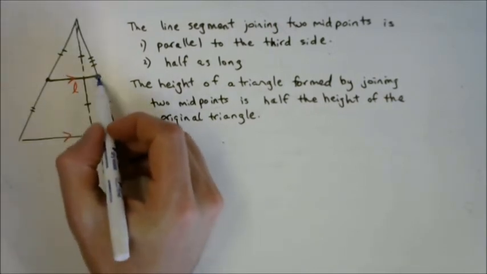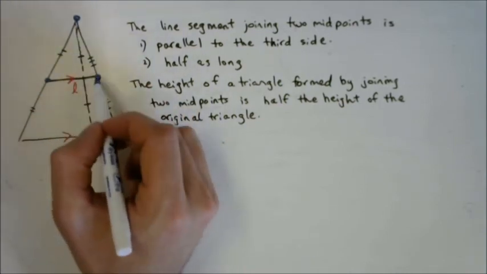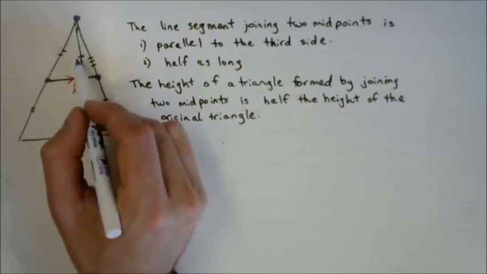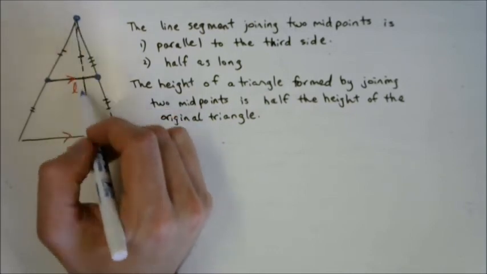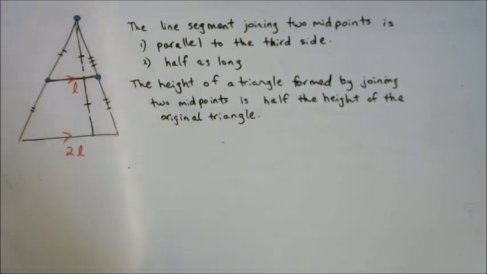So here we have the triangle that was formed by joining two midpoints. This top one. The height of this triangle is half the height of the whole original triangle. We understand that? Good.